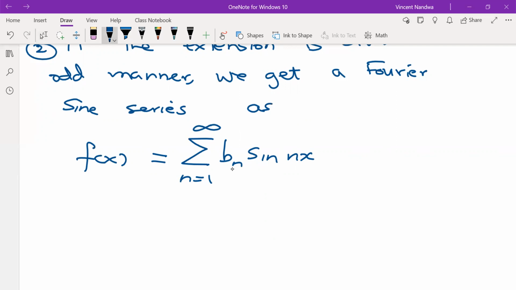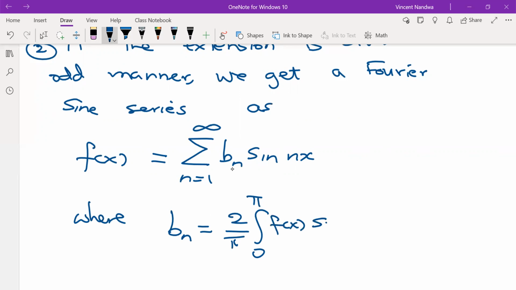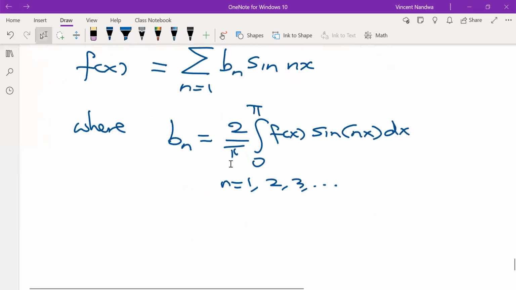So the only resulting terms in the Fourier series expansion are the sine terms, where bn is given by 2 over pi integral from 0 to pi of f of x multiplied by sine of nx dx. Remember, n starts from 1, 2, 3, up to infinity. Such series expansions are called half-range expansions.